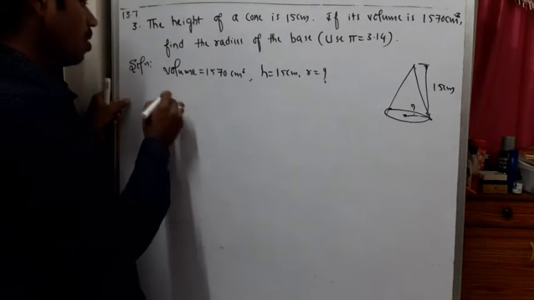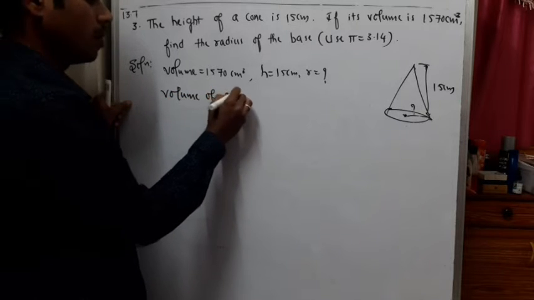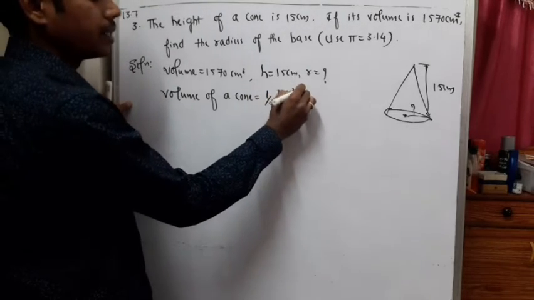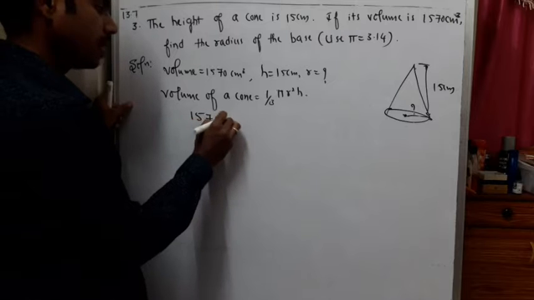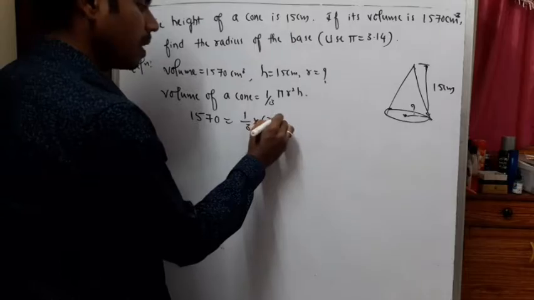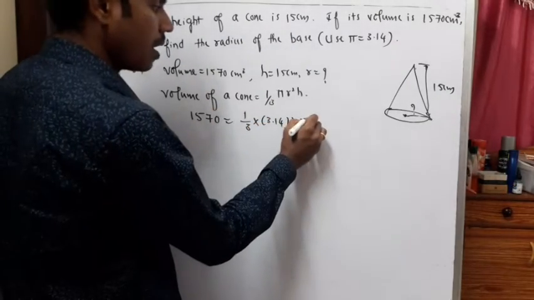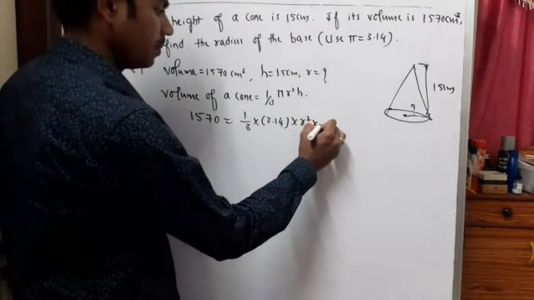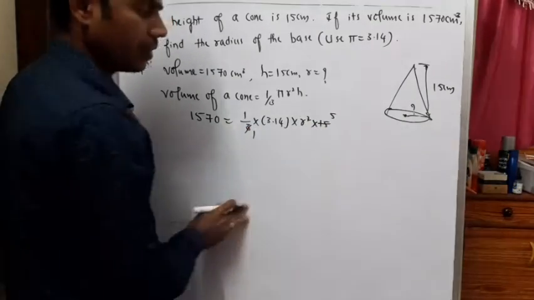Okay. Now volume of a cone is equal to what? 1 by 3 pi r square h. So 1570 is equal to 1 by 3 into pi, which is 3.14, into r square, we will keep it as it is, into h, which is 15 centimeter. 3 1s are 3, 3 5s are 15.